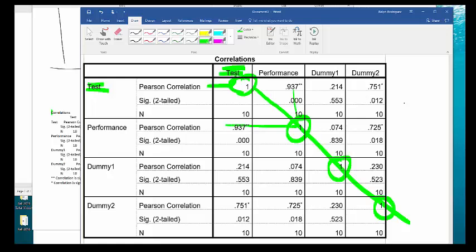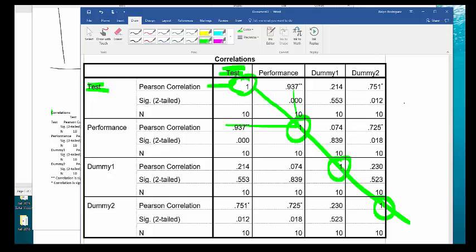Performance and performance, correlation of 1. Dummy 1 and dummy 1, correlation 1. It's because everything is perfectly correlated to itself. When A goes up, guess what happens to A? It goes up. If it goes up 5%, 5 units, 5 anything, it goes up 5%, 5 units, or 5 anything.